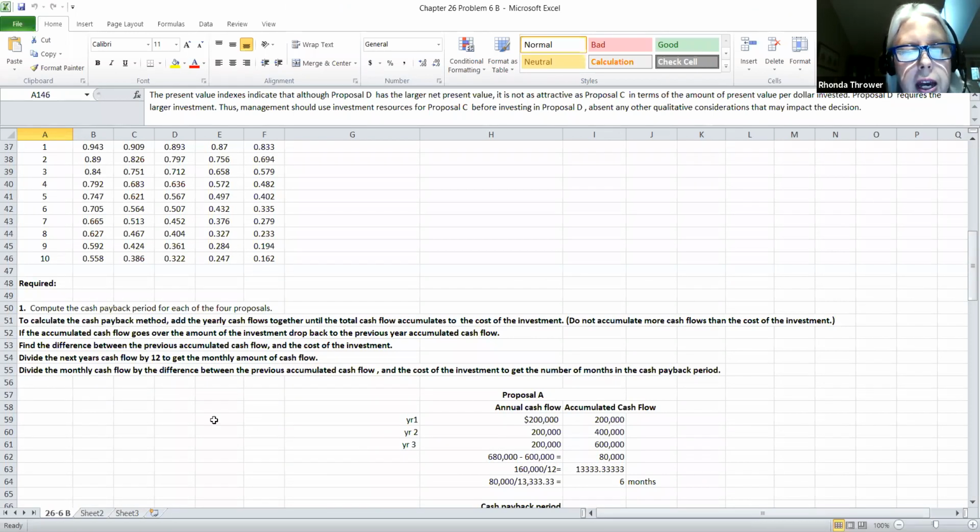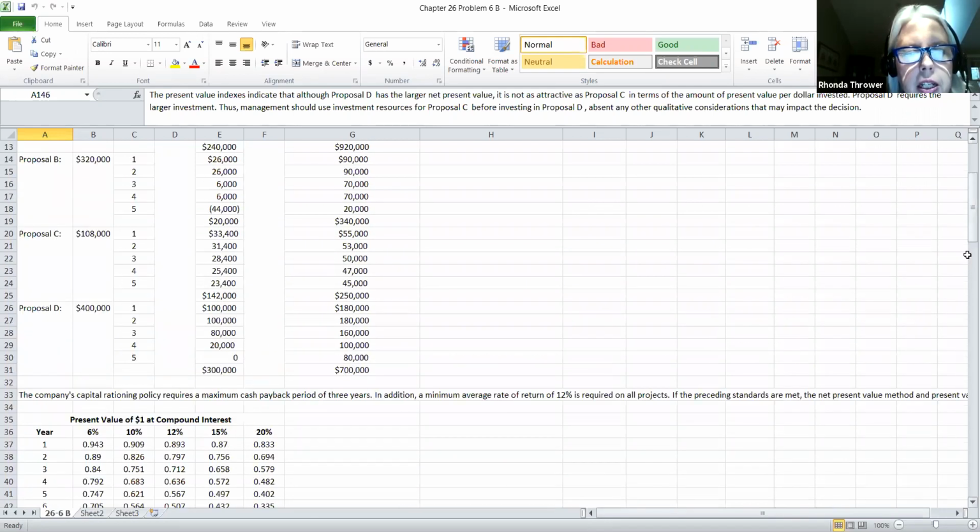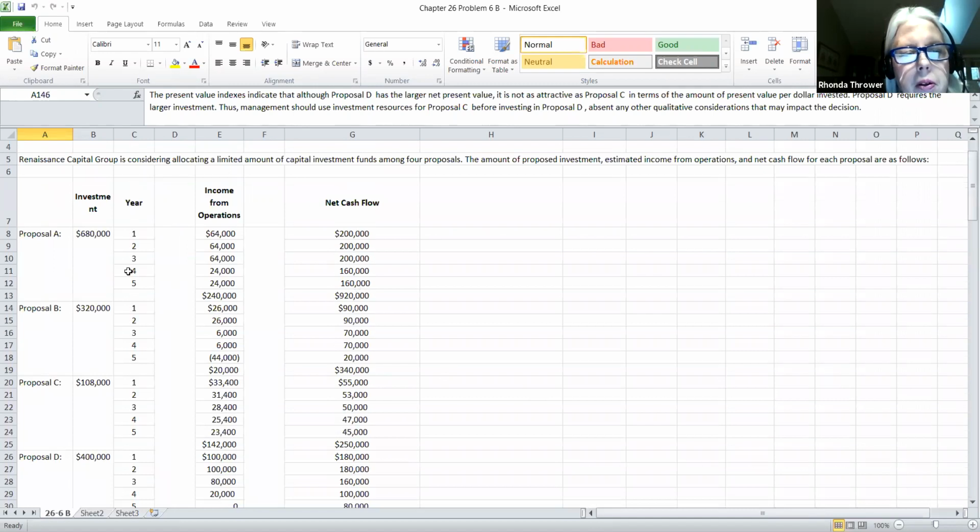We're going to look at the next year's cash flow amount, which is $160,000. I'm getting that by looking at what happened to the cash flow for proposal A in year 4. It was $160,000. You see that right there? For year 4, it was $160,000 was the cash flow.